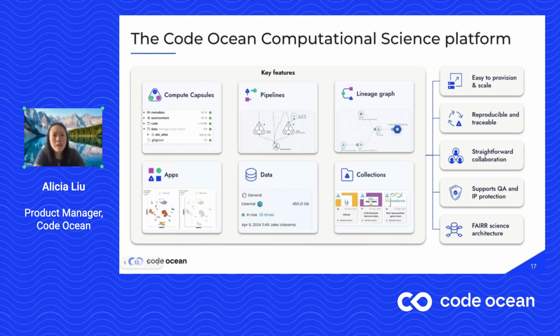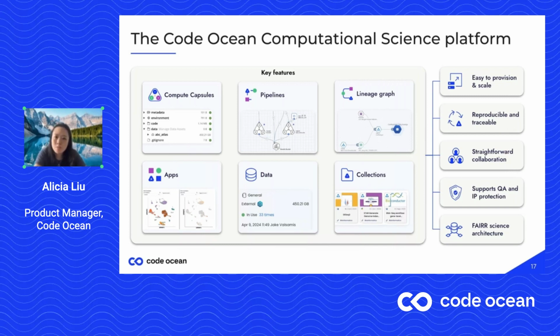We are a cloud-based platform that serves as a centralized workspace for all of your computational science, as well as a repository for your computational assets. We provide self-service automation that mitigates DevOps by making it easy to provision and scale cloud resources. An analysis built in CodeOcean is traceable and reproducible. That means it's going to run the exact same way 10 years from today, and you will always know how a result was generated and how to reproduce that result again.